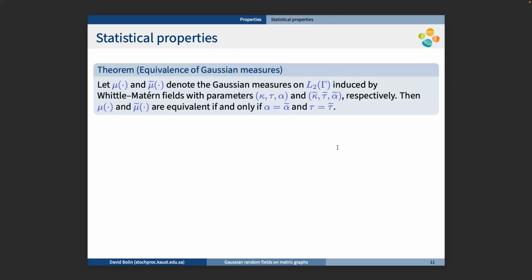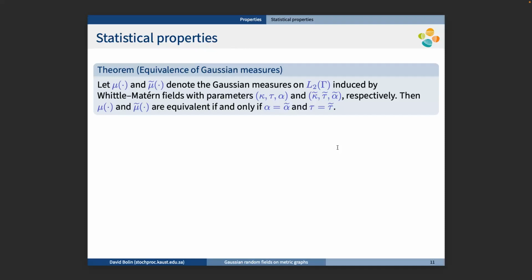So we have the following result that basically says that if you take 2 of these different Whittle Matern fields with different parameters, so one process with parameters kappa, tau, and alpha, and another process with kappa tilde, tau tilde, and alpha tilde, and then you look at the corresponding Gaussian measures of these 2 processes, these will be equivalent if and only if the smoothness parameters are the same and these precision parameters tau are the same.